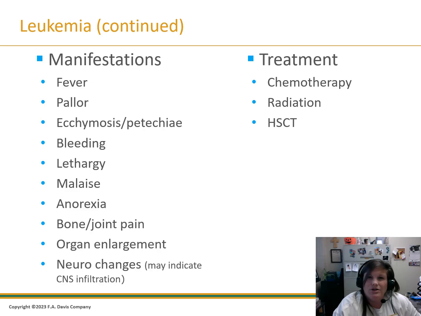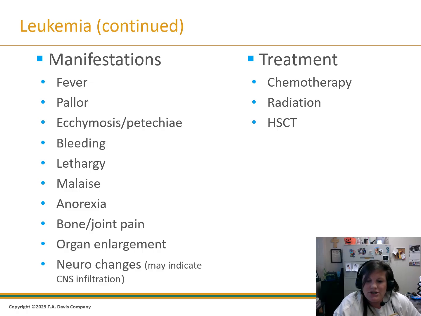Malaise, that overall general feeling of sickness and not feeling healthy and normal. Depending on where the cancers are at, there can be organ involvement that can result in organ enlargement, and sometimes the need for those organs to be either reduced or removed. So either a resection of the affected portion or the whole organ taken out.